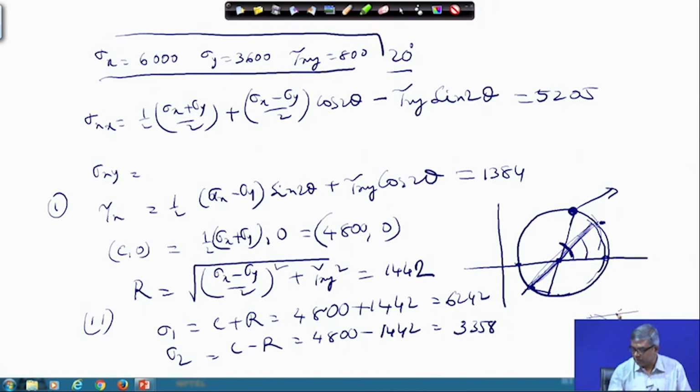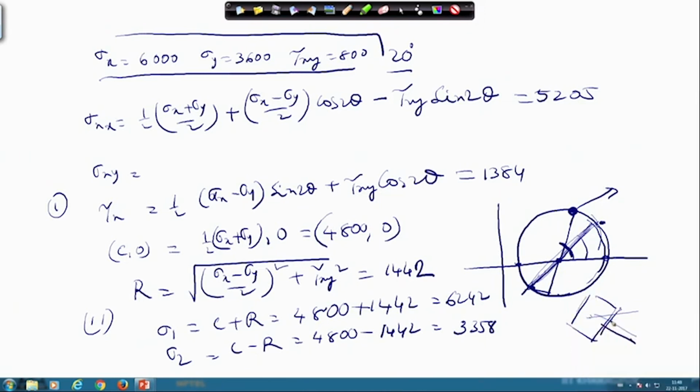So, on this I can draw the element like this, and I can have this, this, this. So, this one is your 6242 and this one is 3358, and this angle is a negative angle, that is actually 16.85 degrees. So, this is the second part.